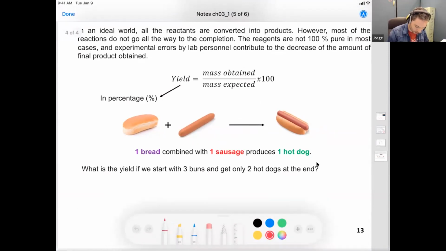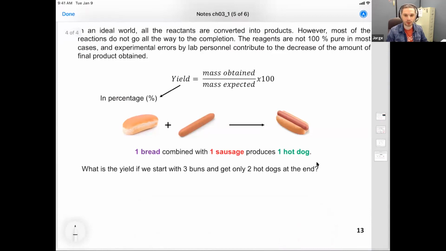Okay, so when we are dealing with yield, we always need to know first the mass that is expected. Again, the mass expected is the mass if the reaction proceeds in a perfect way and all the reagents are converted to products. So we can say here that the mass expected would be a 100% yield.